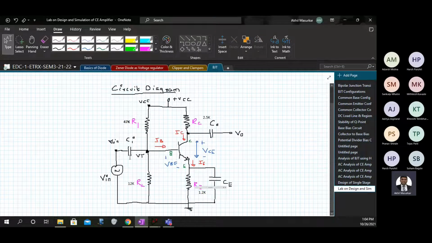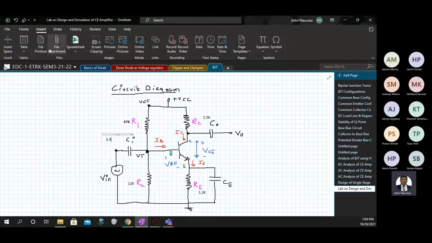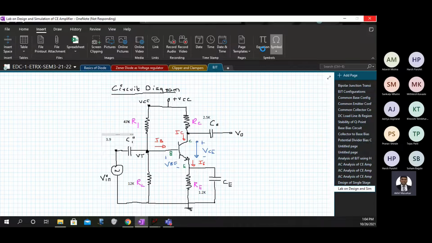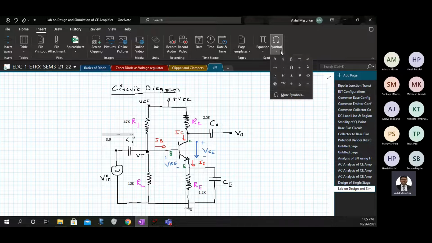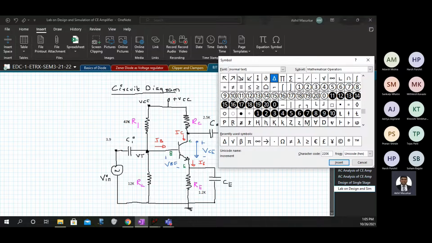So CI is, we'll just write here, so you can insert the symbol that you want. Where is the symbol of micro?